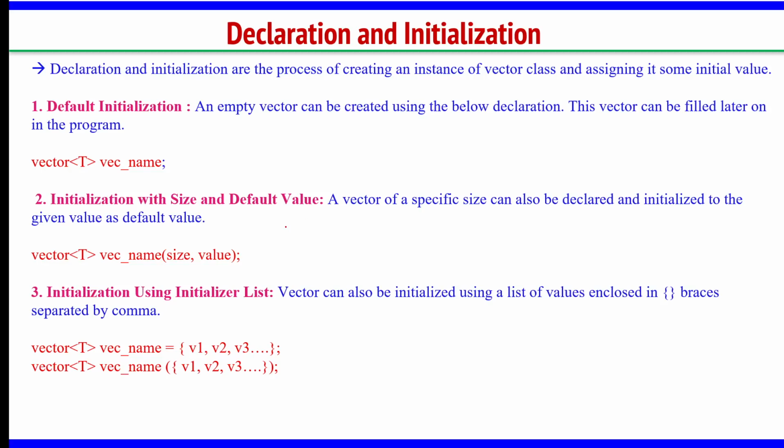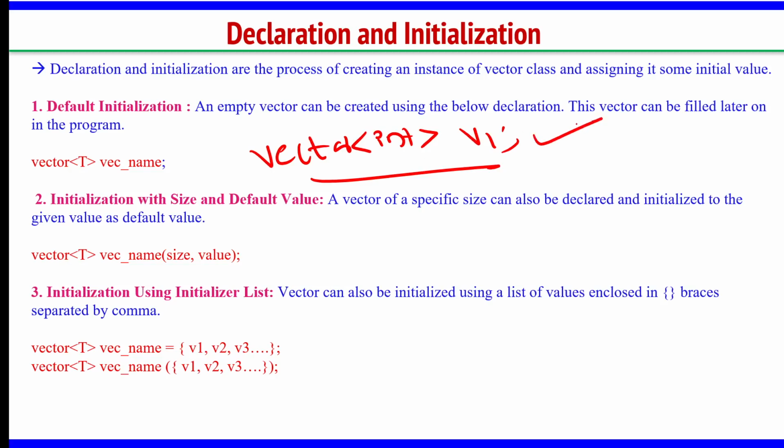See this, how do we declare and initialize values in a vector? Okay. So, the default initialization is vector, the type int and the variable name v1. This is default declaration. You are not assigning any value, you are just declaring here. So, the size is unlimited. Whatever values you want to insert, you can insert.